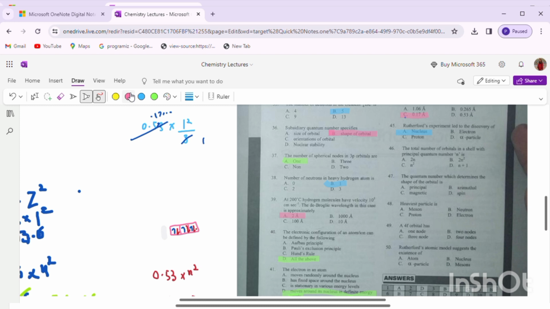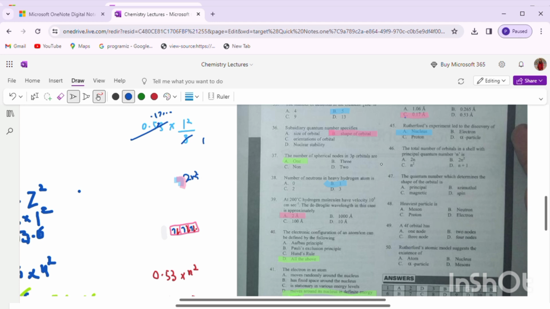When we find the electrons in the shells, the formula becomes 2n square.